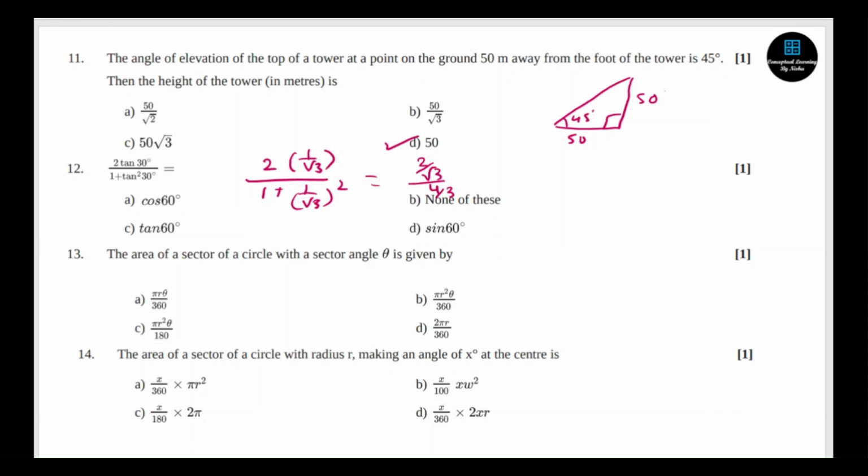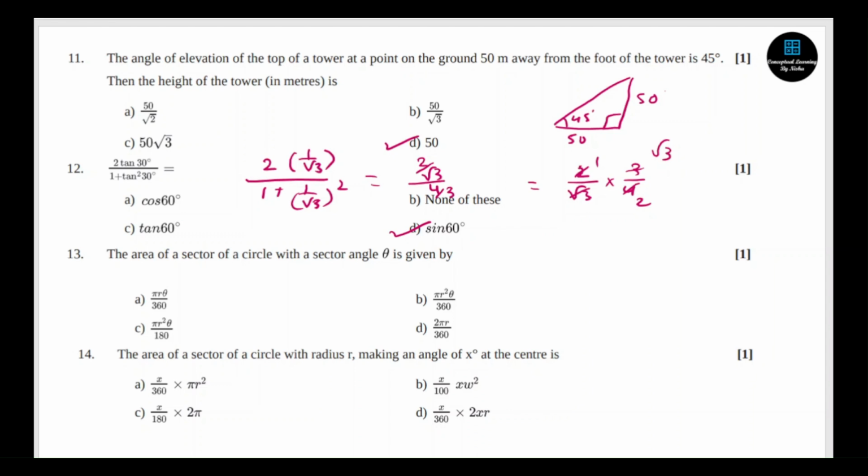Now when you simplify, 3 goes up. So 2 upon root 3 into 3 upon 4. Simplify this and you will get square root of 3 upon 2. Which option is correct? Cos 60 is 1/2. Tan 60 is not. Sin 60, right? Sin 60 is square root 3 upon 2. So option D is the correct option.